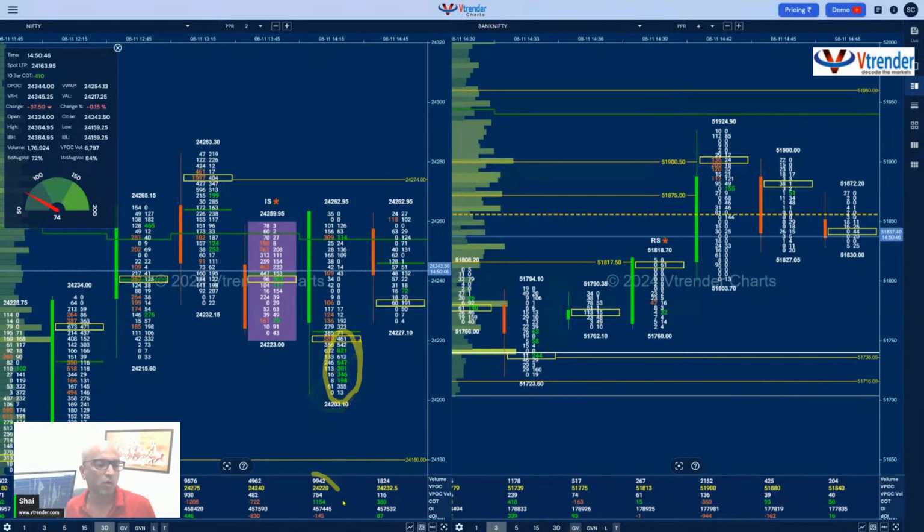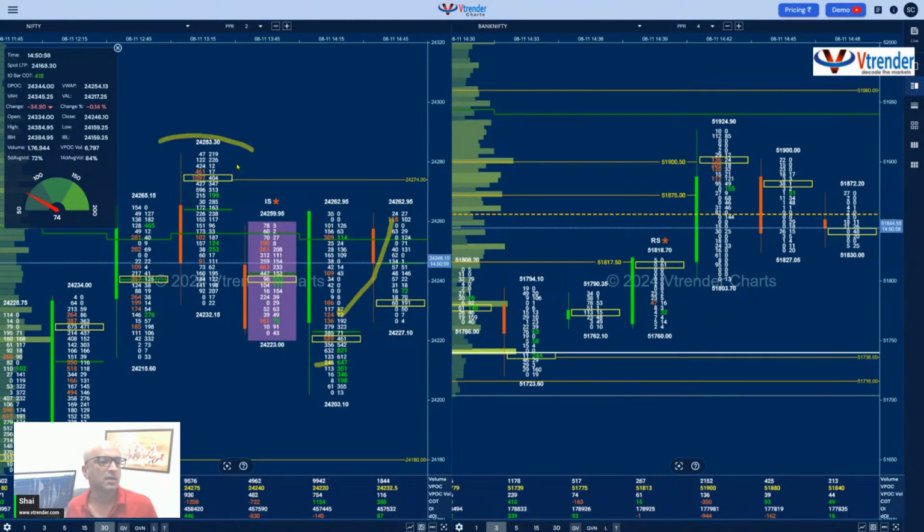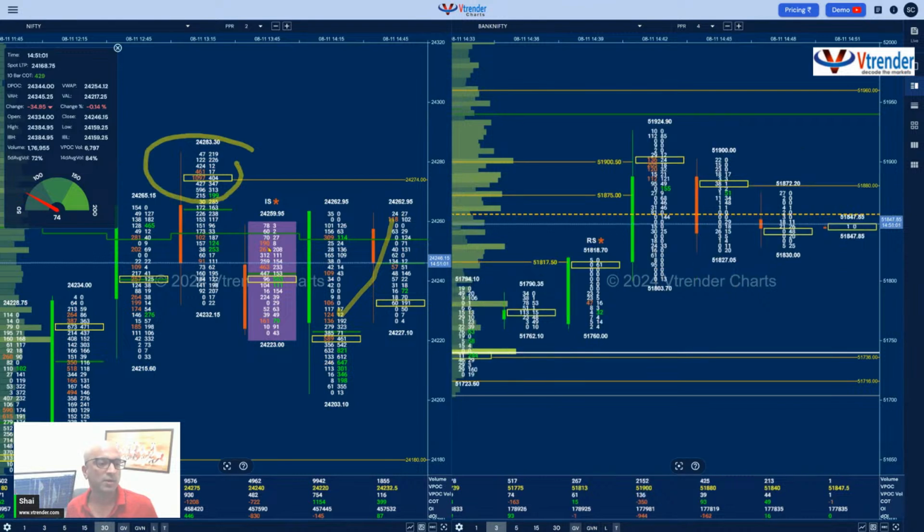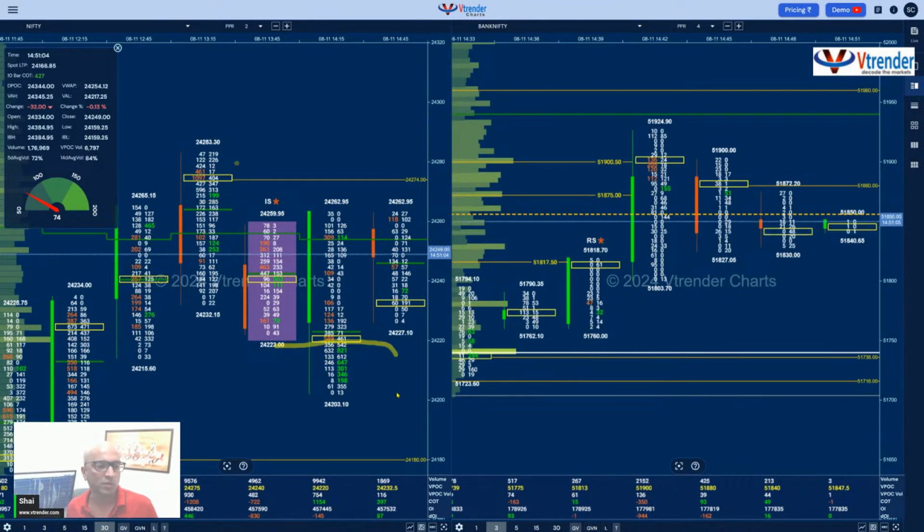Demand caught was green, so there was no case of going short below this 24,223 and work up on this trade, because the market did not show any supply over here. So we have gone back to this ISR, and this supply is here. This is what is being tested right now. But we'll still wait for 24,223 to break with more supply in the Nifty for us to look at another short trade out over here, right?